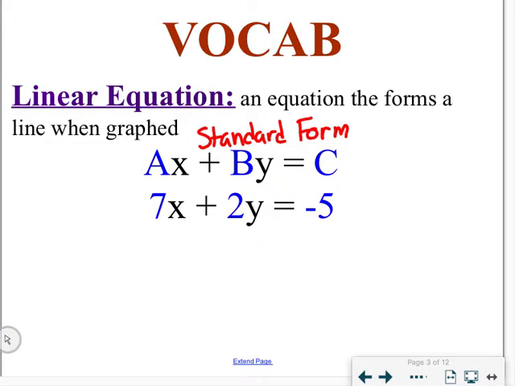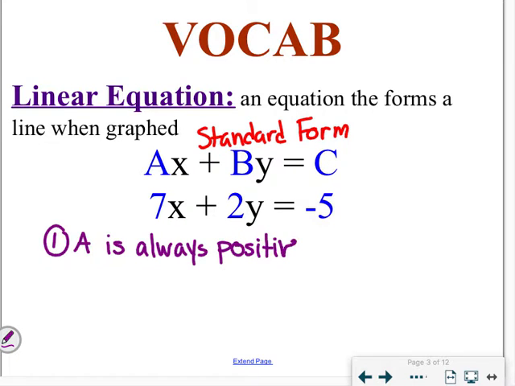There are 4 rules that we have about standard form. First rule, the a value is always positive. If it is not positive, we have to manipulate the equation so that it is positive.